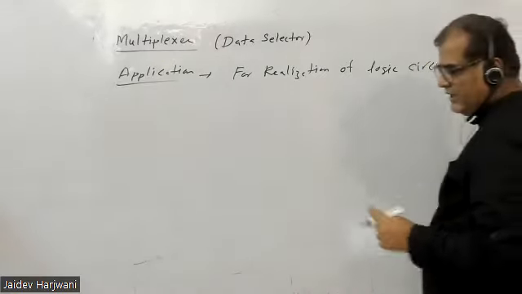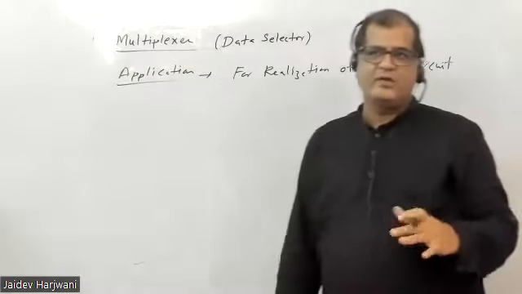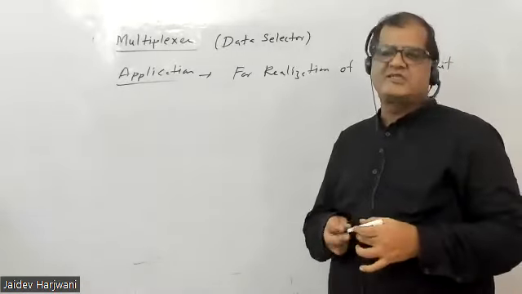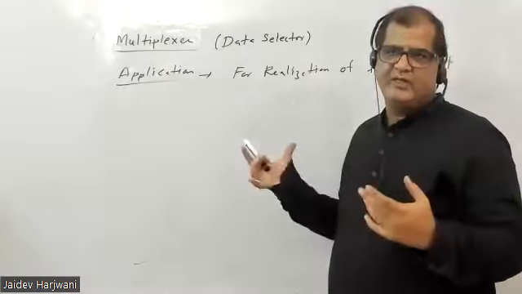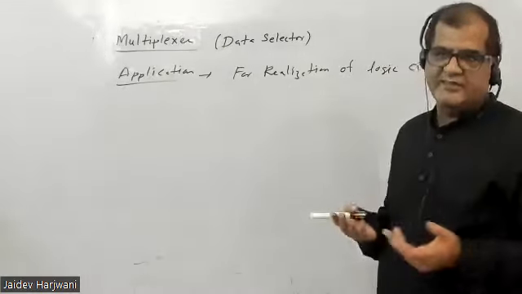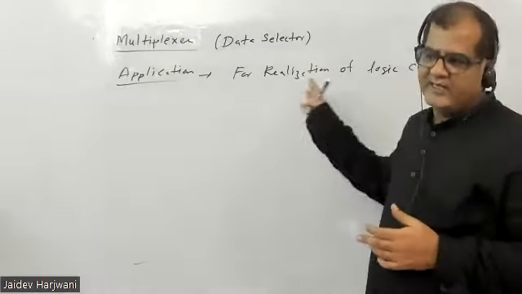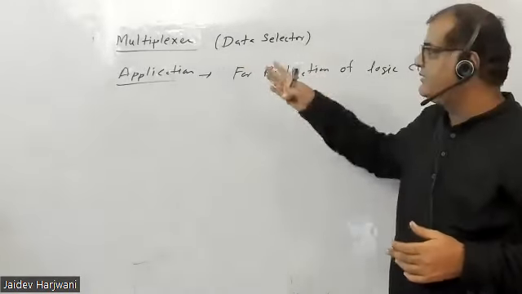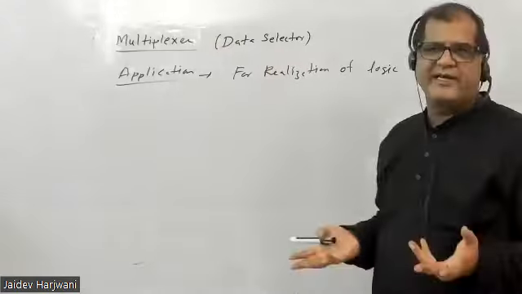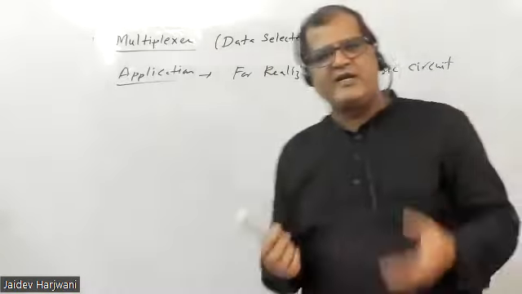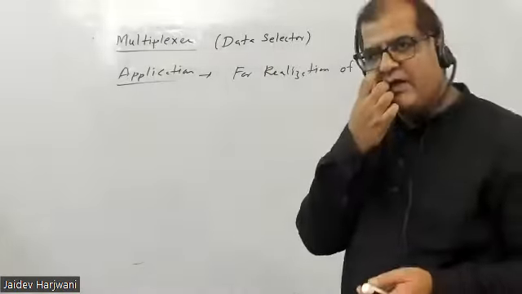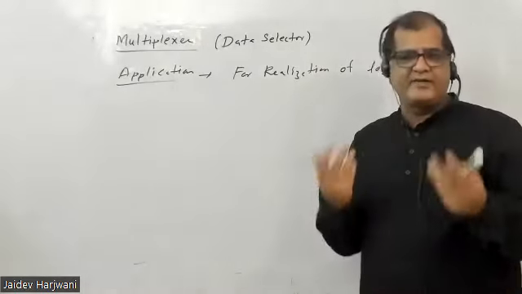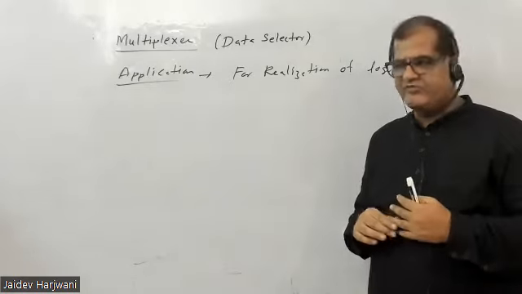You can implement any logic function if it is written in the form of standard form, basically SOP. Anything written in the form of SOP, you can directly implement using this multiplexer. So कहने का मतलब है, this is just like a universal gate. Like you can make every circuit with a NAND gate, every circuit with a NOR gate. Similarly, depending on choosing the right kind of multiplexer, you can implement any type of logic function.